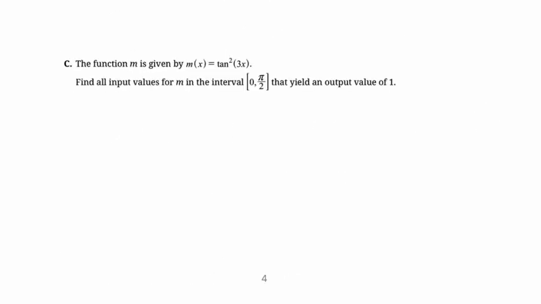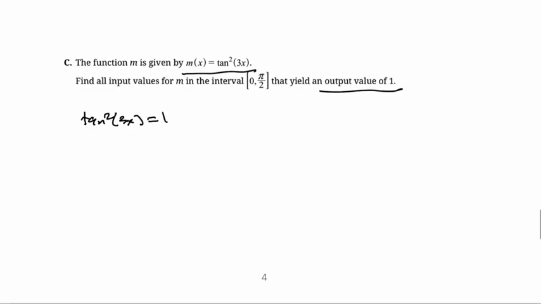Finally, for question C, we are given m of x equals tan squared 3x, and we have to find when this function will have an output value of 1. So we set tan squared 3x equal to 1. We take the square root, so tan 3x can equal 1, or it can equal negative 1. We can do this one first.